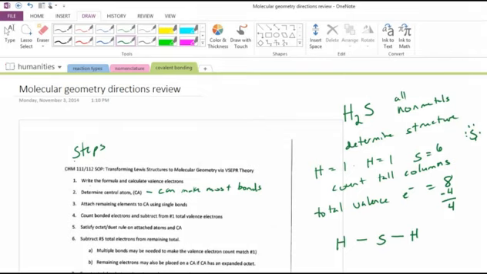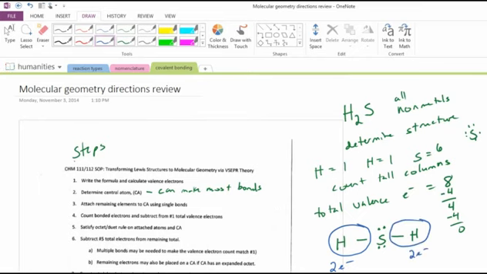So we have to satisfy the octet or the duet rule. Okay, well, hydrogen only wants 2, so it's got its duet rule satisfied. So if we give sulfur its octet, we've used all of our electrons. And so let's look at this. Hydrogen has access to 2 electrons.